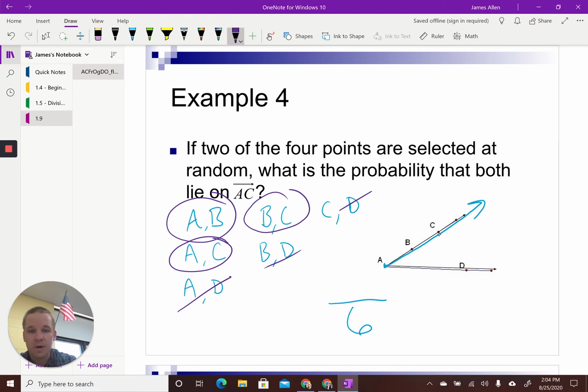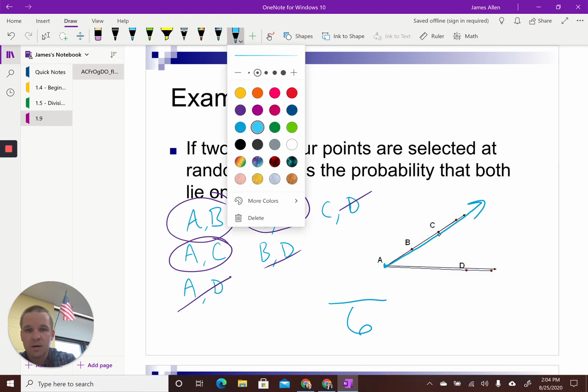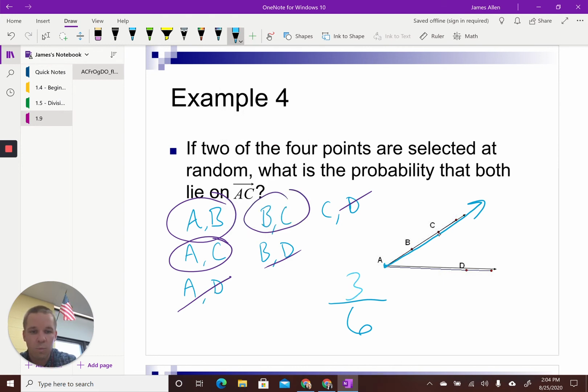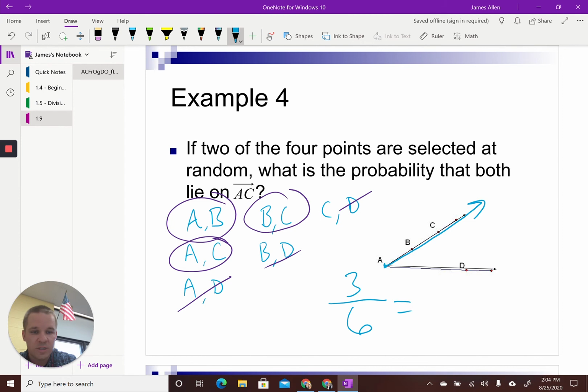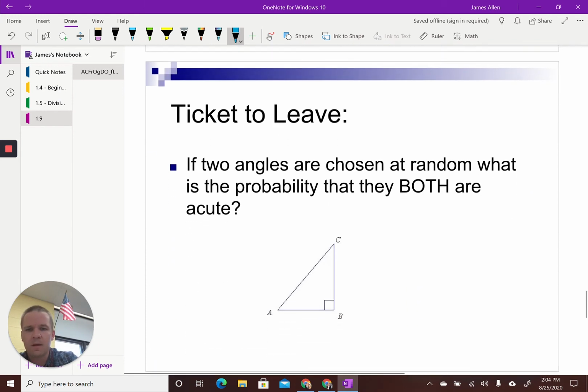So 3 out of the 6 are good, which simplifies down to 1/2. I love it. When we start talking about pairs or groups of three, you need to write them out to really get an idea of what's happening in the problem. You will see one of those on a quiz, and I think you'll see one in the homework as well.